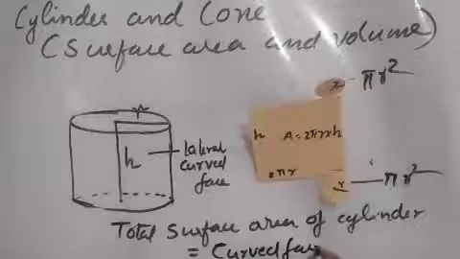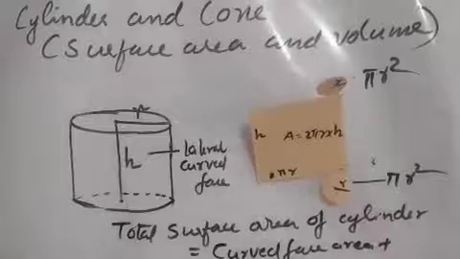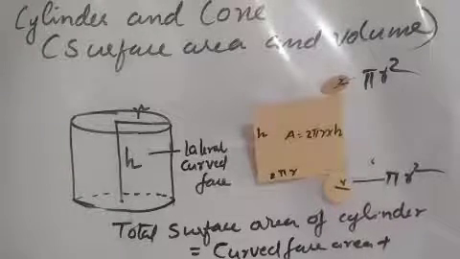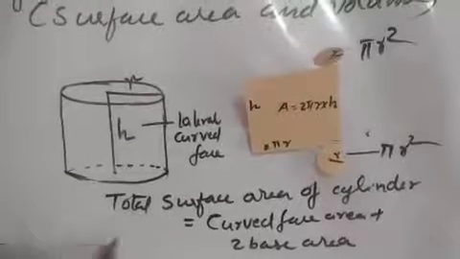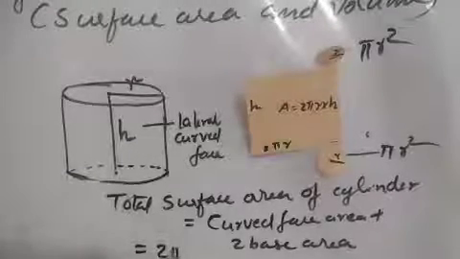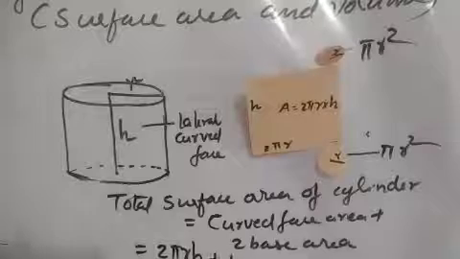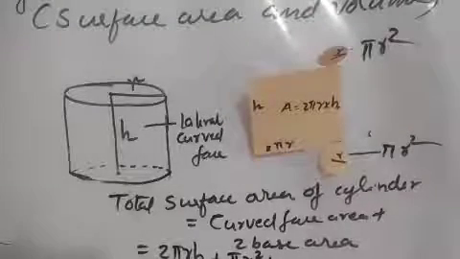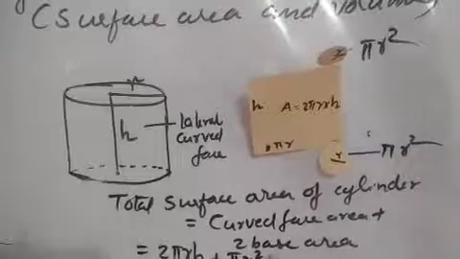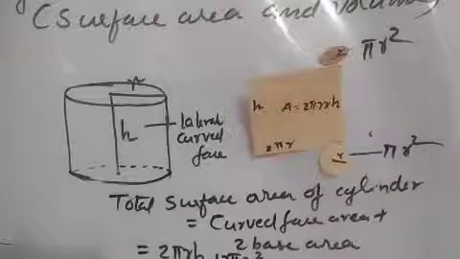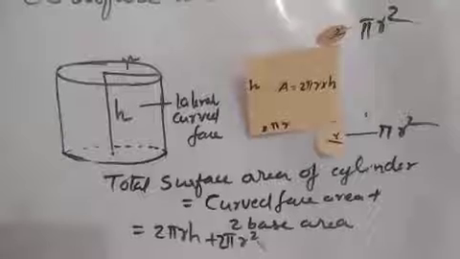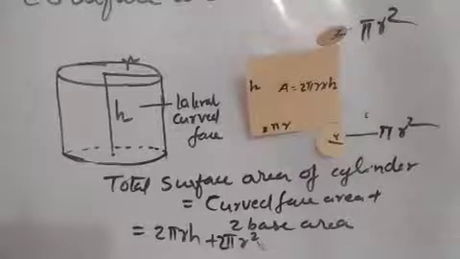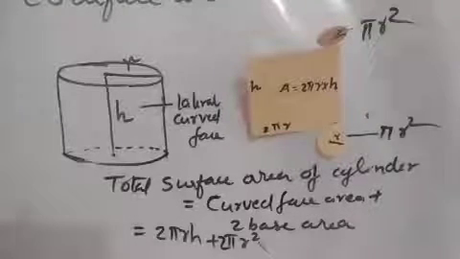That's equal to 2 pi r h plus pi r square plus pi r square. 2 base areas means 2 times pi r square. So 2 pi r h plus 2 pi r square. This is the equation to find the total surface area of a cylinder.